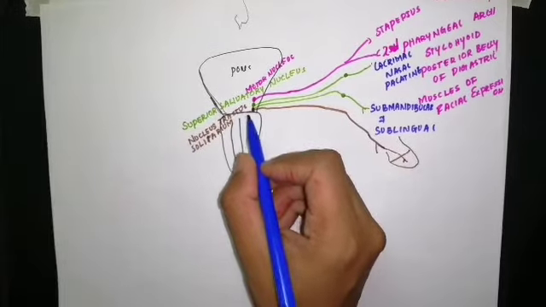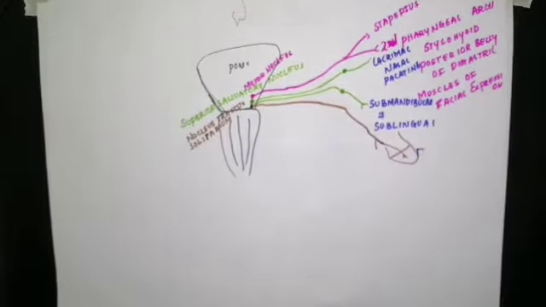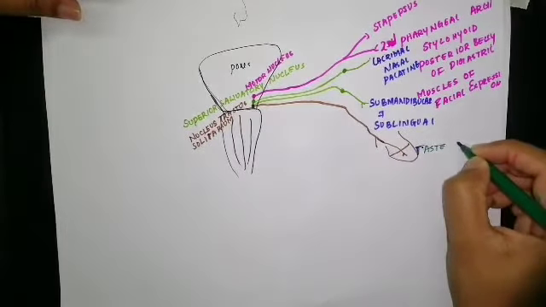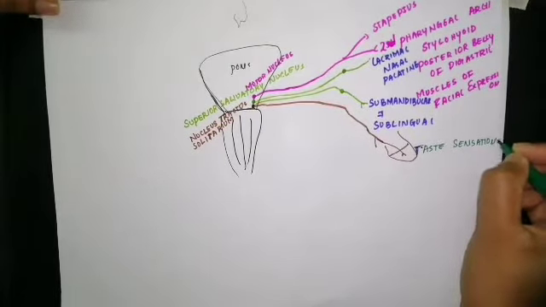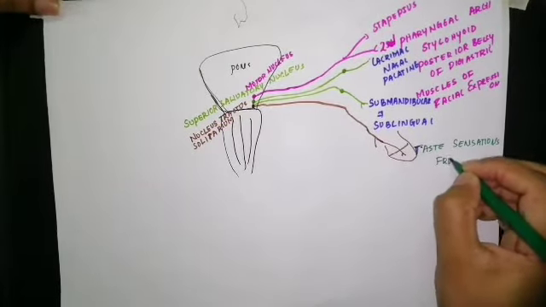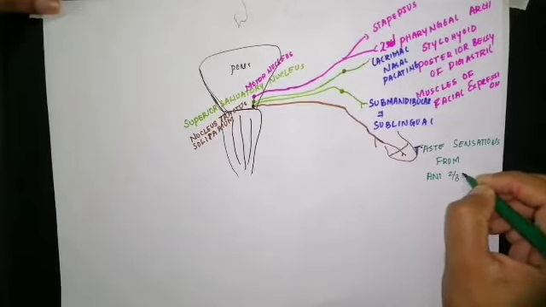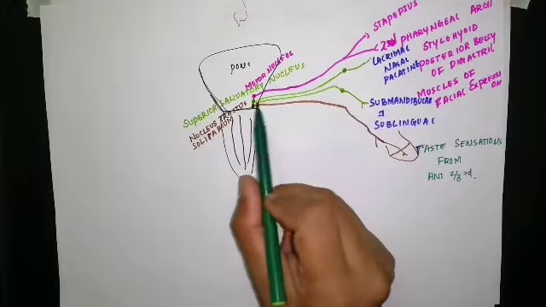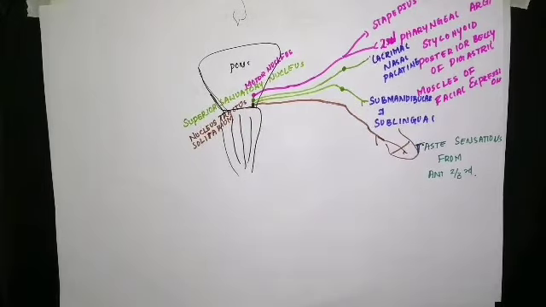So it receives taste sensations from the anterior two-thirds of the tongue, and it relays in the nucleus tractus solitarius.